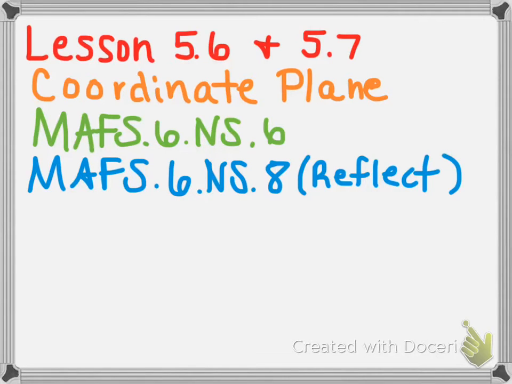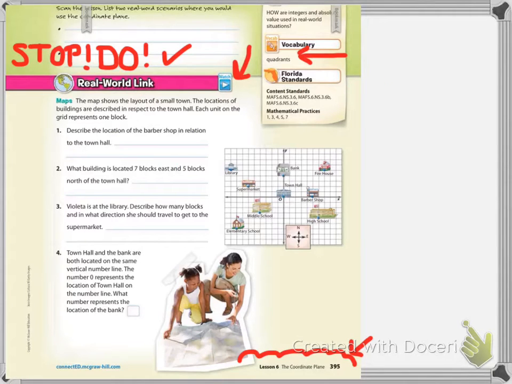So let's go ahead. You've got your book. Let's get ready. We are in your workbook on page 395. This is your turn to actually read through the real world link and answer questions 1 through 4 regarding the coordinate grid that you see on the page. Try to answer the questions and then come back after you've done that and check to see if your answers are correct.